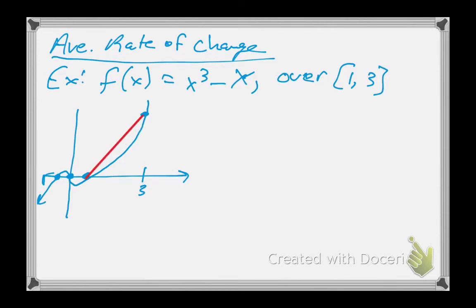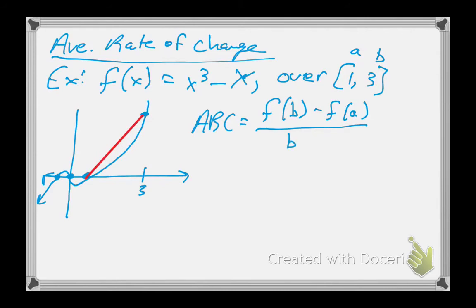To find the slope of that line, we just need to take y2 minus y1 divided by x2 minus x1, or the way that I like to write it, because it uses function notation, is if we call this value a and this value b, then we can write the average rate of change as f of b minus f of a divided by b minus a. So there's your average rate of change. That's the slope of the secant line over that interval.